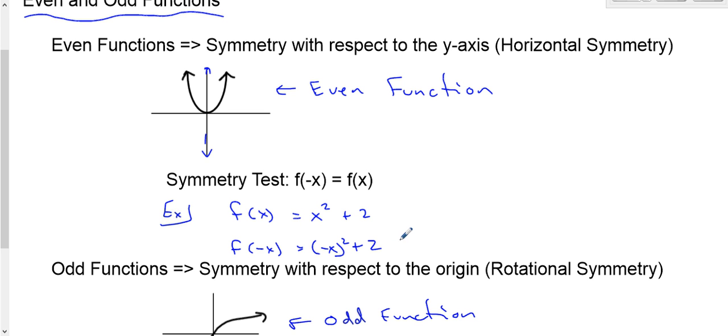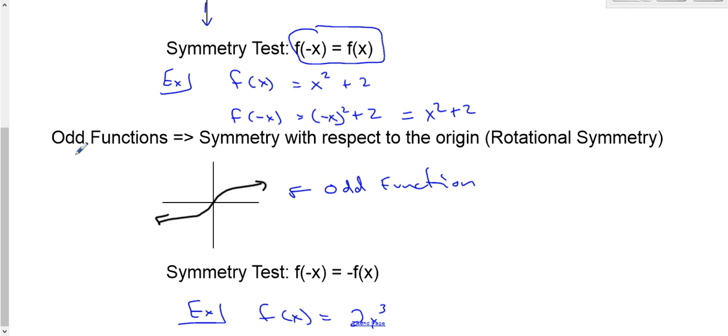And if we simplify this and we get f of negative x to equal the value of f of positive x, then we have symmetry. Well, negative x, when you square it, becomes positive x. So this is equal to x squared plus 2. So in this case, this example shows symmetry. Okay?